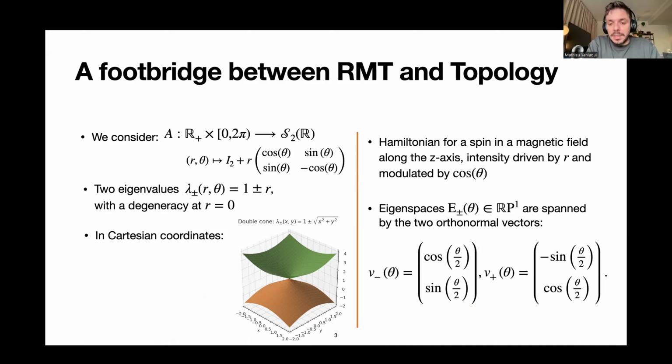You can see here I wrote explicitly a choice of two normalized eigenvectors depending on theta. The matrix model we chose was 2 pi periodic over the unit circle: as theta winds from 0 to 2 pi, it comes back to where you started. The same goes for the eigenvalues, but quite surprisingly, the eigenvectors are not 2 pi periodic. There's some sort of obstruction there.